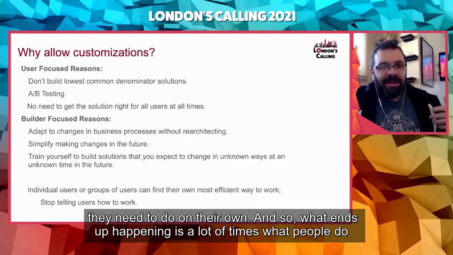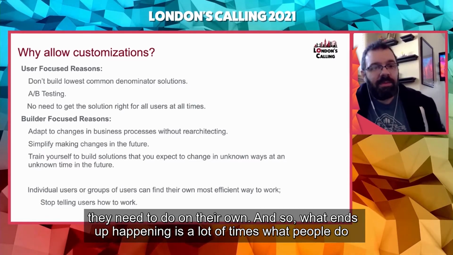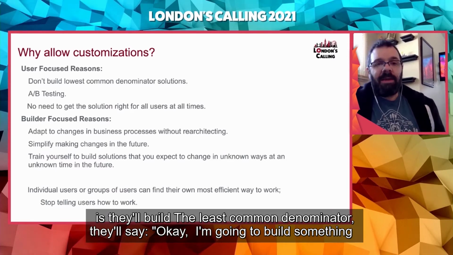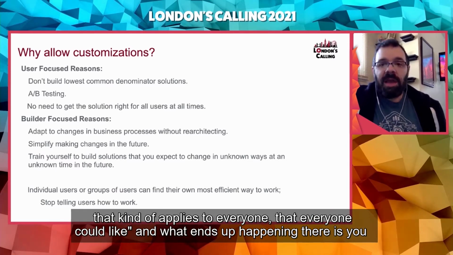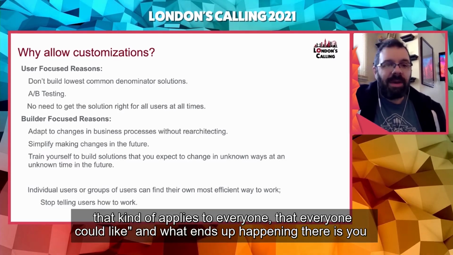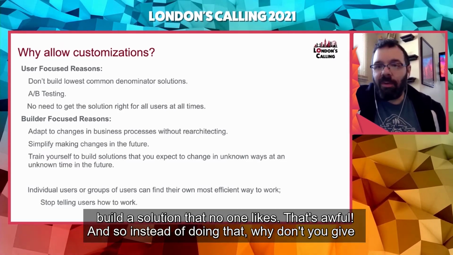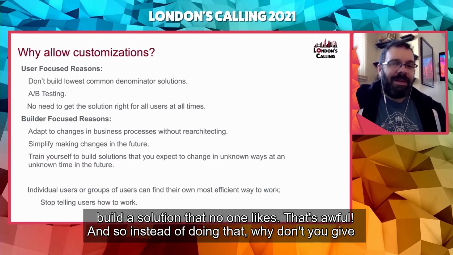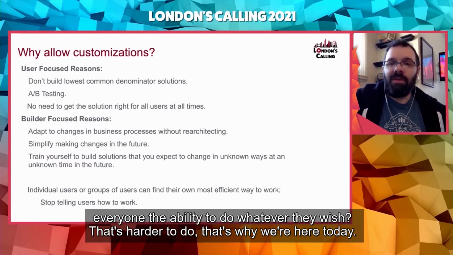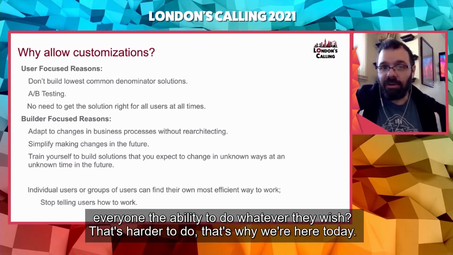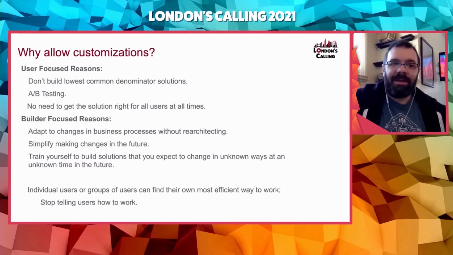And so a lot of times what people do is they'll build the least common denominator. They'll say, okay, I'm going to build something that applies to everyone that everyone could like. And what ends up happening there is you build a solution that no one likes. And that's awful. And so instead of doing that, why don't you give everyone the ability to do whatever they wish? That's harder to do. That's why we're here today.